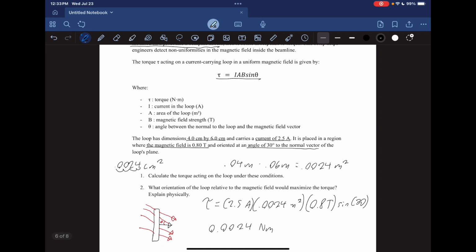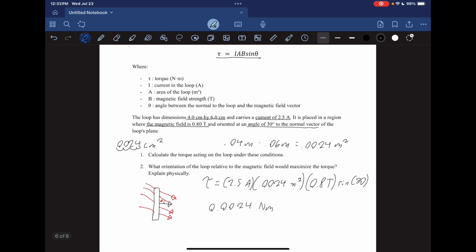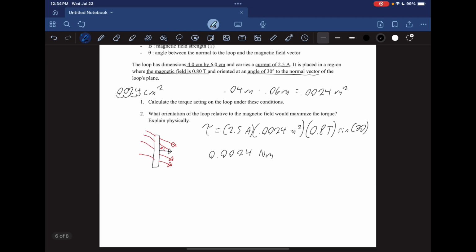So since we want the maximum torque, we want the maximum value of sine of theta. And this happens at 90 degrees. So the orientation of the loop relative to the magnetic field that maximizes the torque is at 90 degrees to the normal when it aligns perfectly with the magnetic field.